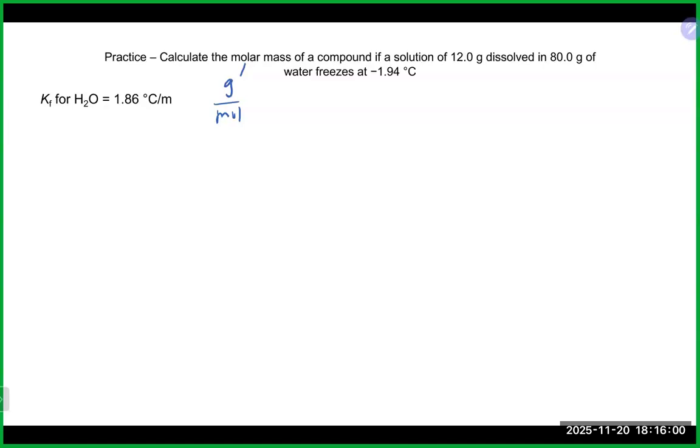Okay, let's take a look. So we're looking for the molar mass, which is grams per mole, of a compound in a solution, if 12 grams of it is dissolved. So right off the bat, I don't have to figure out that. That is right there. So really here, we're just looking for the moles, and we're going to use the freezing point information to help us get there. In this case, we have our freezing point formula, our Kf, times our molality.